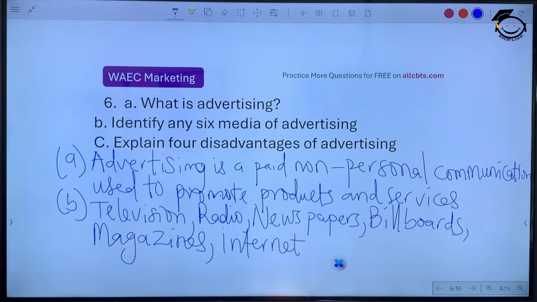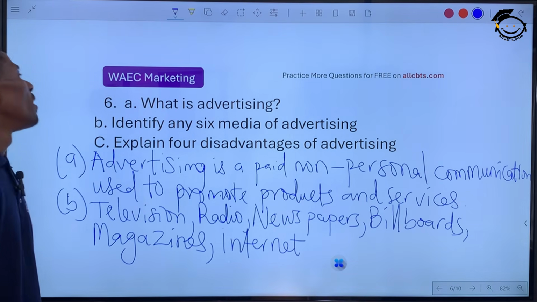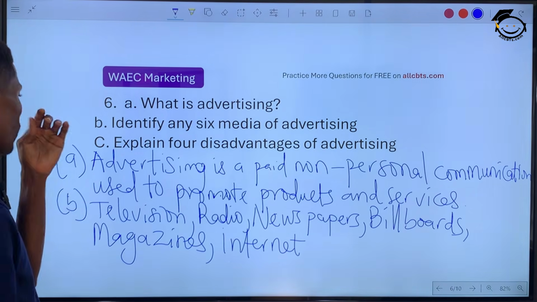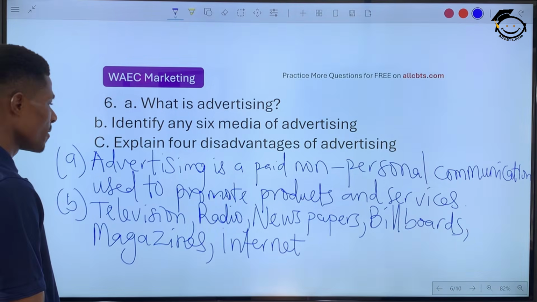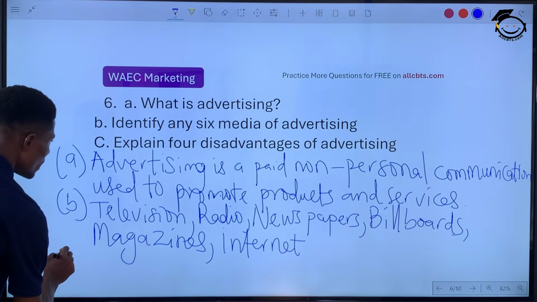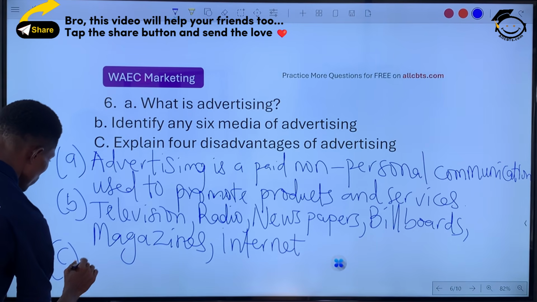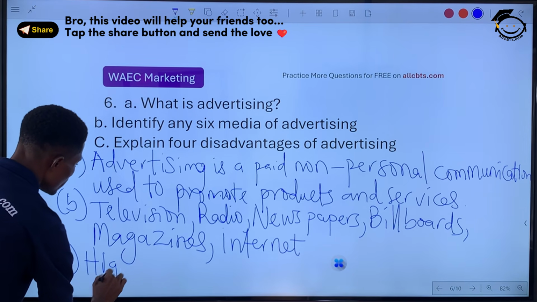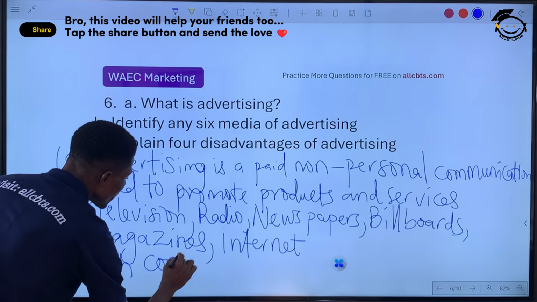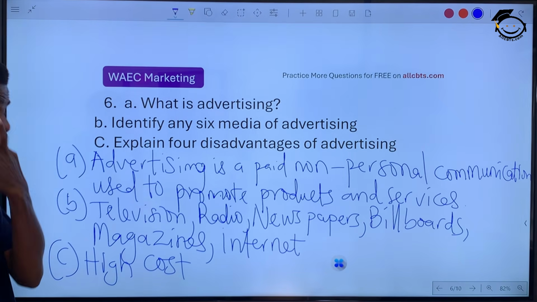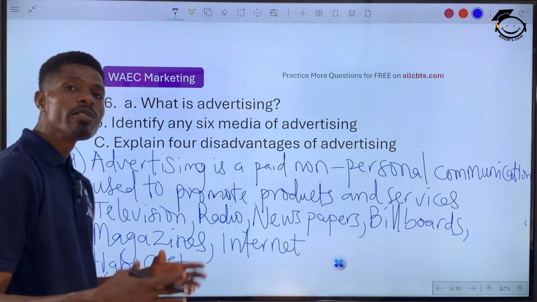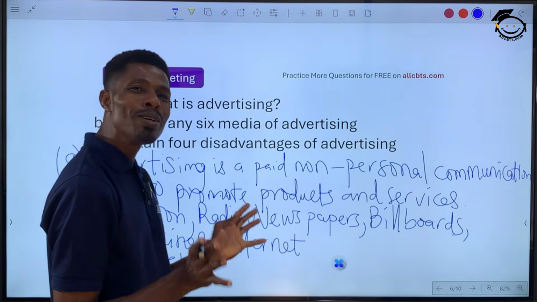Now, the last one is explain 4 disadvantages of advertising. The first one is high costs. What does this mean? It means that advertising costs a lot of money for it to be carried out.